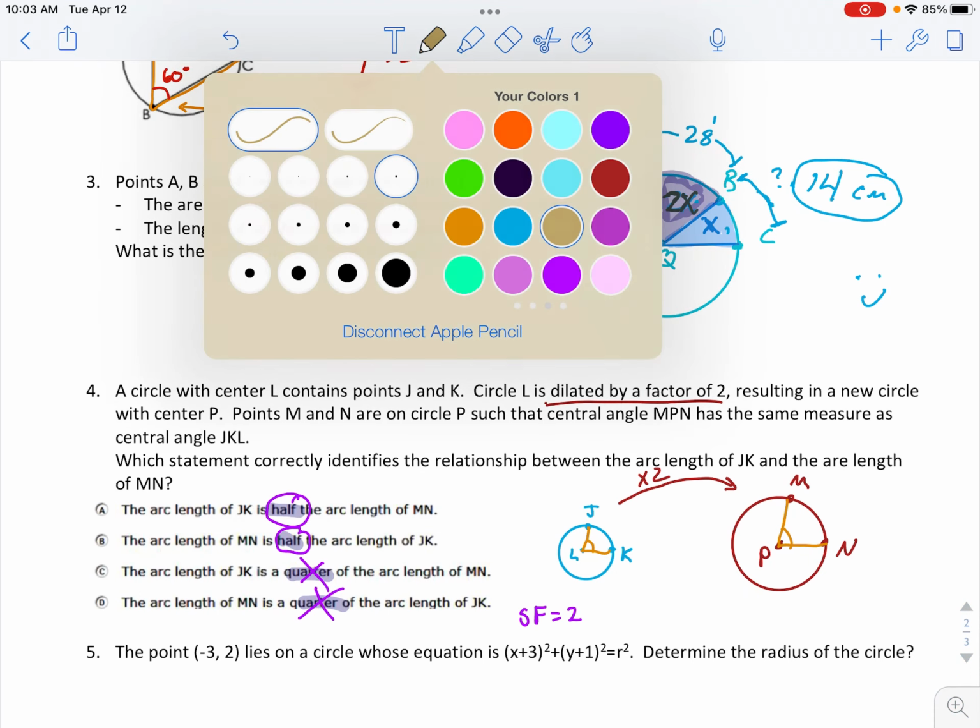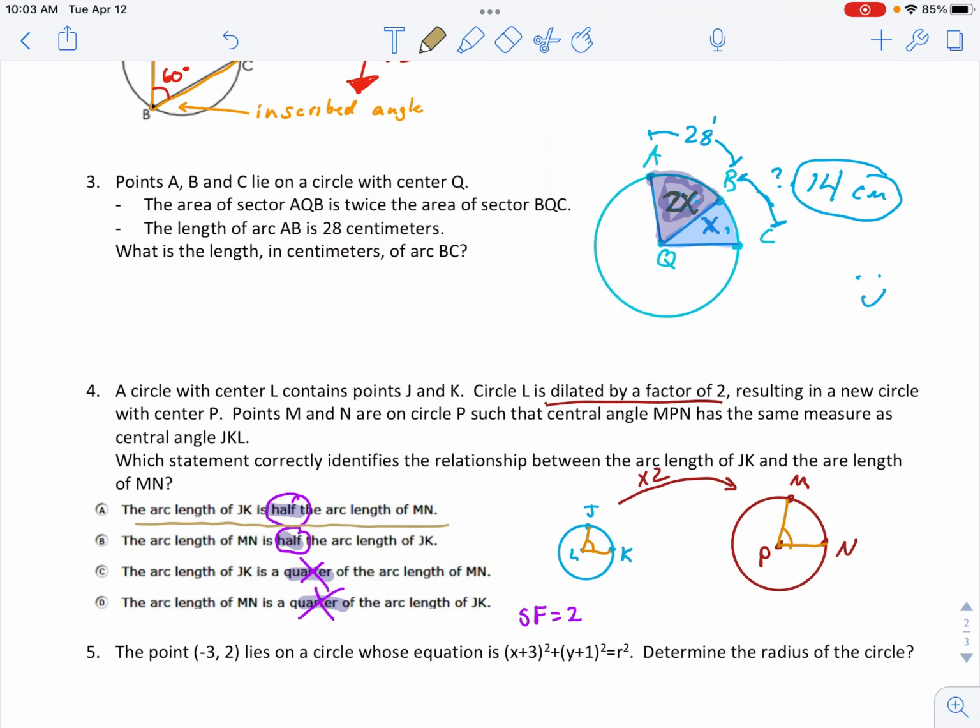In fact, the arc length of JK is half the arc length of MN. We have JK, and then we multiply it by 2 to get MN. So it's that one right there. By drawing it out and identifying that the scale factor is 2, we could eliminate the quarter ones. We made it a 50-50 problem, and then our picture helped us visualize that it was in fact A.